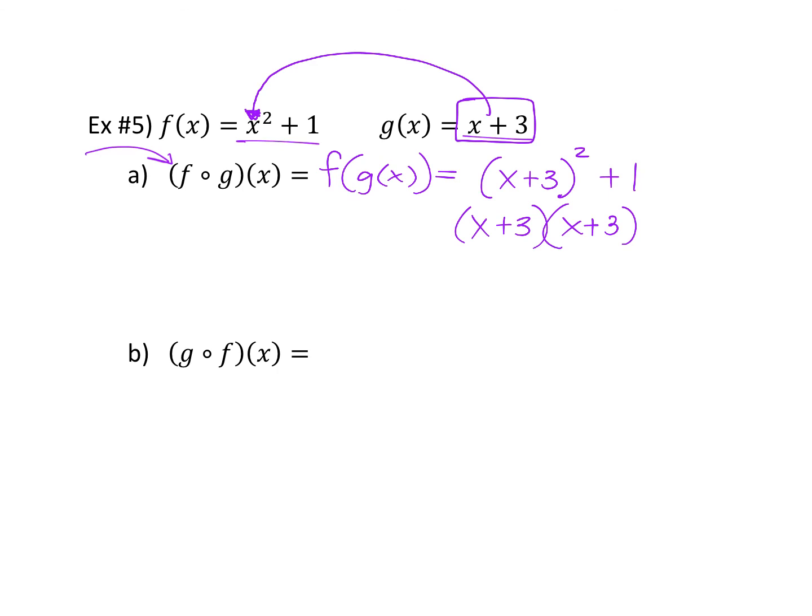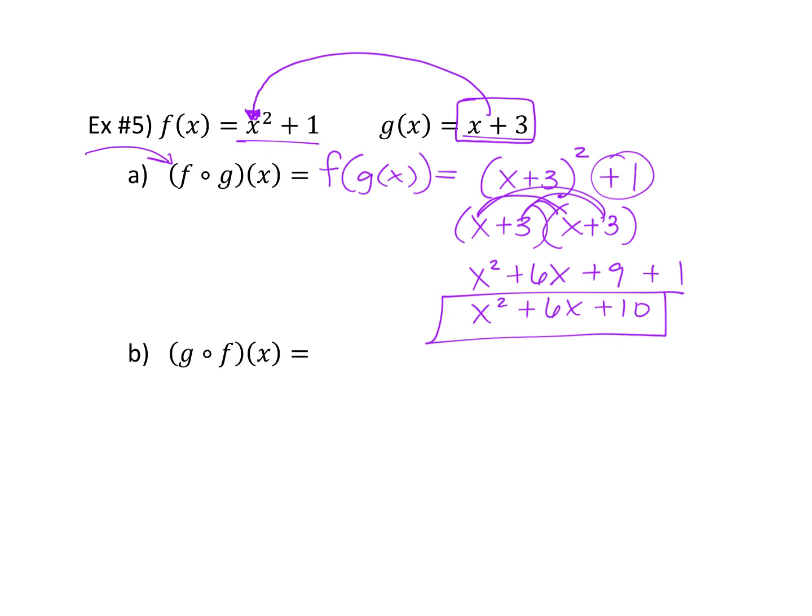Remember a squared plus 2ab plus b squared? We didn't spend a lot of time on it. So this is x squared plus 6x plus 9. Okay, so that's x plus 3 squared, but then don't forget we have this plus 1 at the end. So it's x squared plus 6x plus 10.